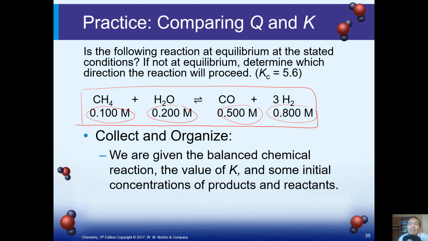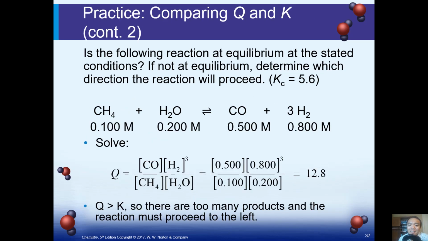If Q is greater than K, you have more products than you need at equilibrium, so you'll shift to the left. Otherwise, if Q is smaller than K, you have less product than you need at equilibrium, so you're going to shift to the right side. If Q is K, then you are at equilibrium already. So let's simply do the Q calculation and compare with K. That's exactly what you do.